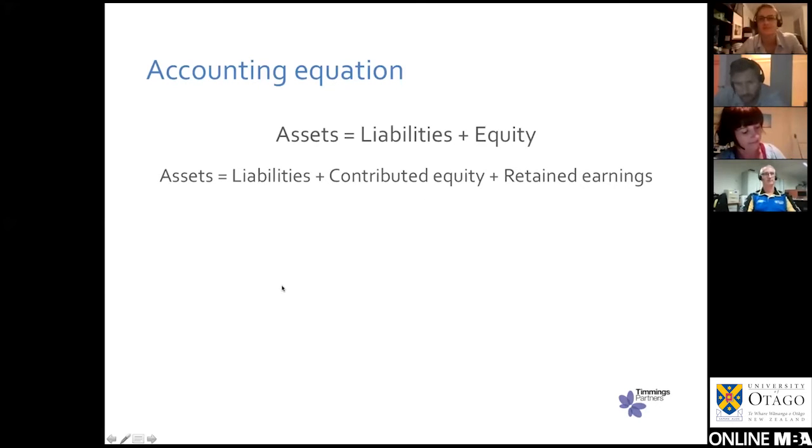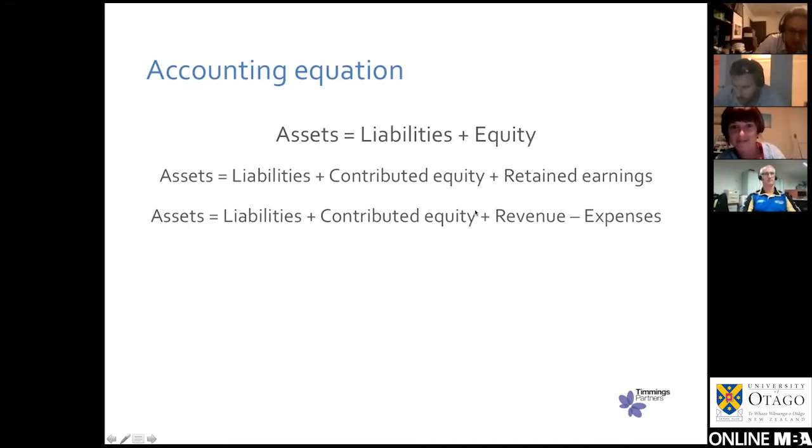If we go one step further, and don't worry, we'll talk about this again on Thursday, assets equals liabilities plus contributed equity. And then retained earnings is made up of revenue less expenses.